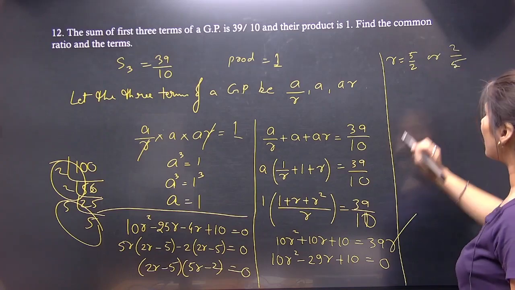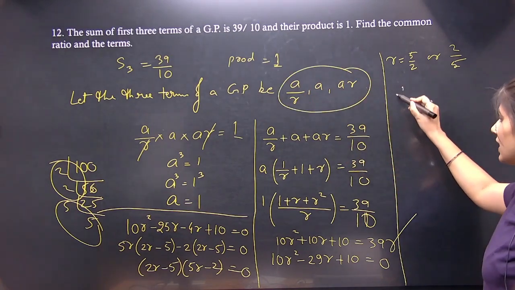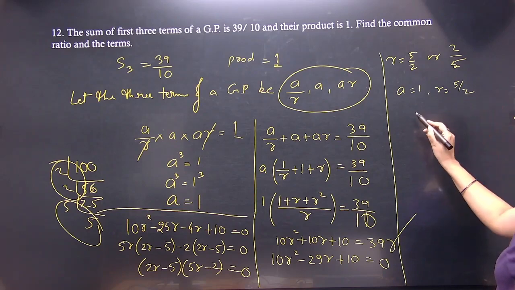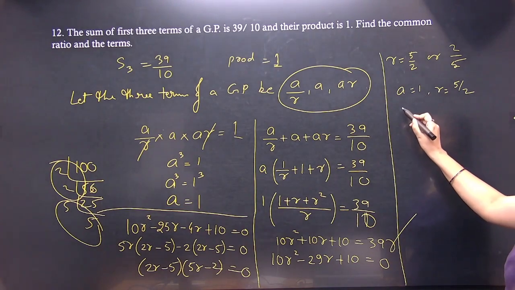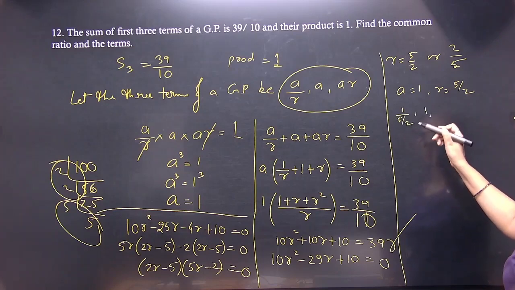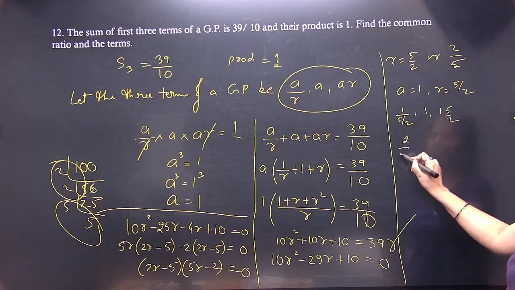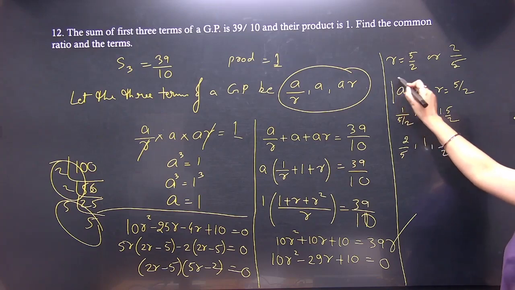Now the GP can be, if A is 1 and R is 5 by 2, then the GP will be A by R, that is 1 by 5 by 2, which is 2 by 5, comma 1, comma A into R, 1 into 5 by 2, that is 5 by 2. So this can be a GP.